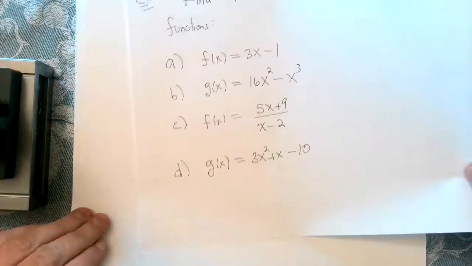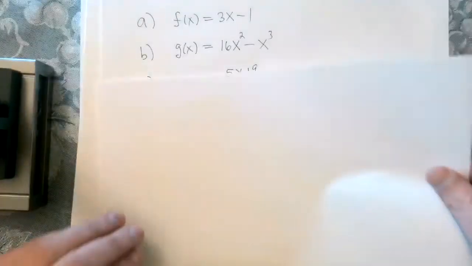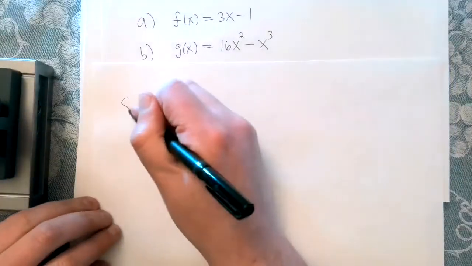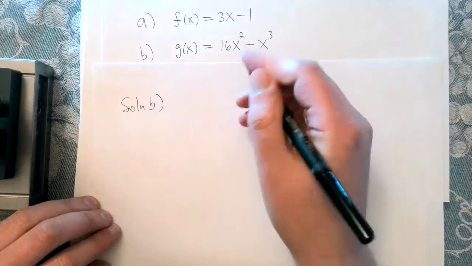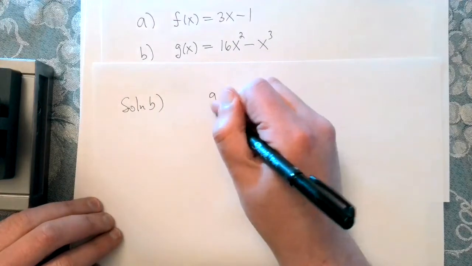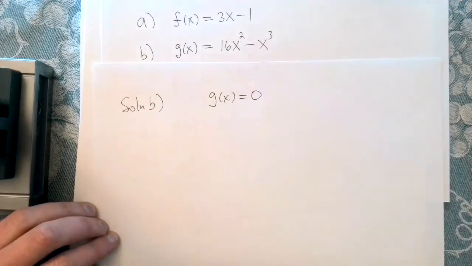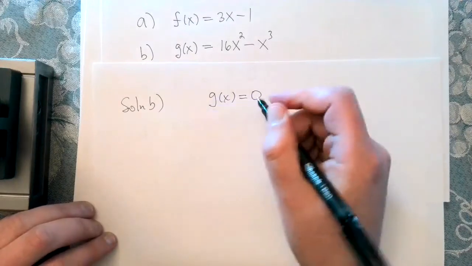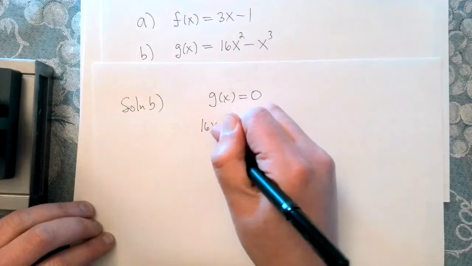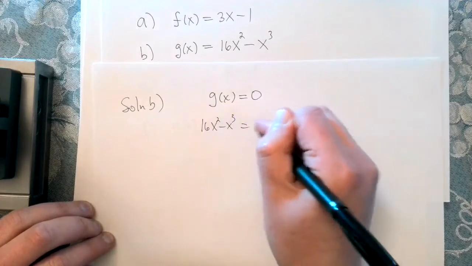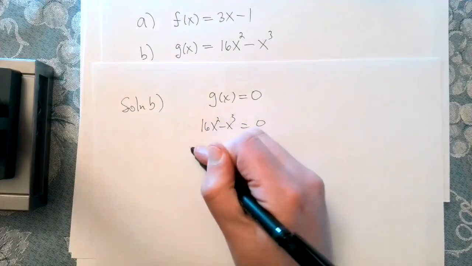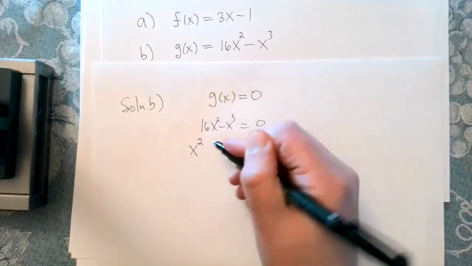All right, let's try the next one. Okay, so we want to find the zeros of g of x. So we want to solve this for x. So we've got 16x squared minus x cubed is equal to 0. We're going to factor out the greatest common factor. That's x squared.